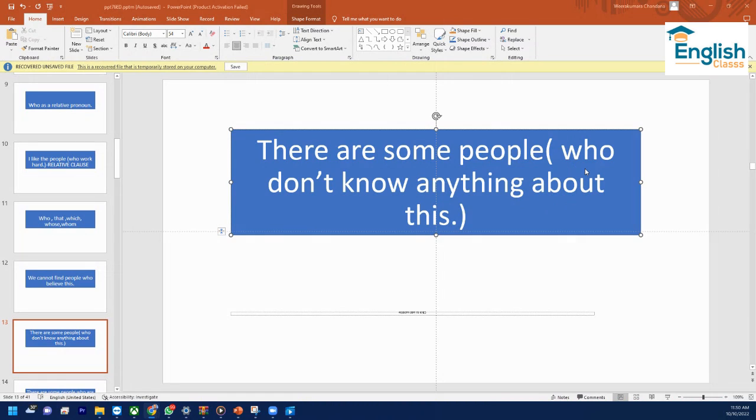The second clause starts with the word who. The word who has been used instead of the word people. However, we use a relative pronoun to give more information about a noun, subject, or pronoun.